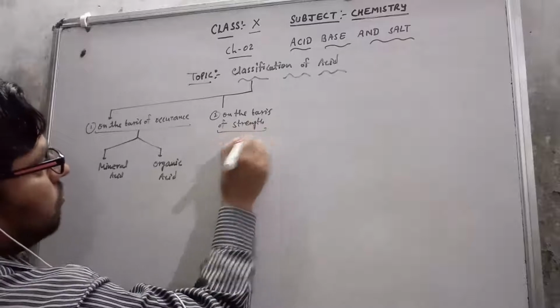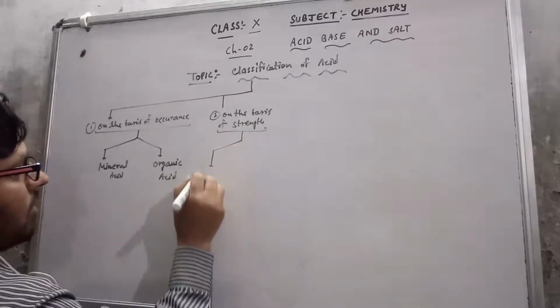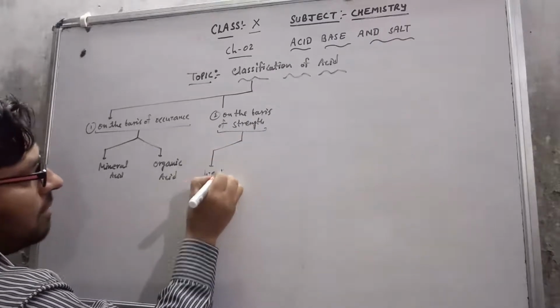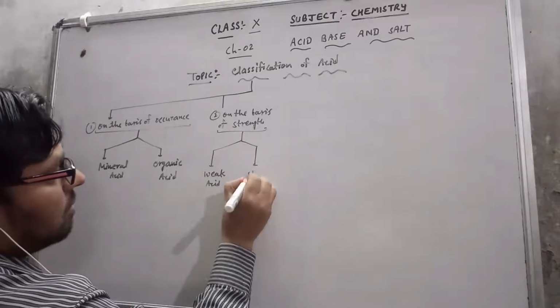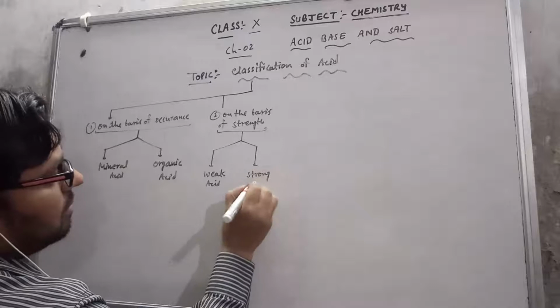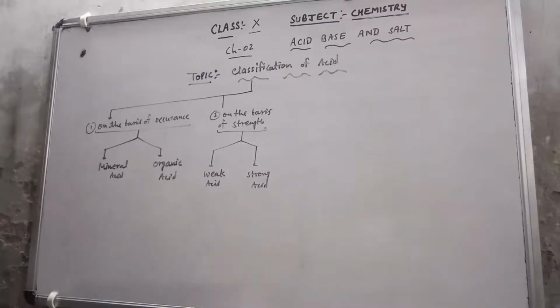On the basis of strength also there are two types of acid. One is the weak acid, and the second is the strong acid.